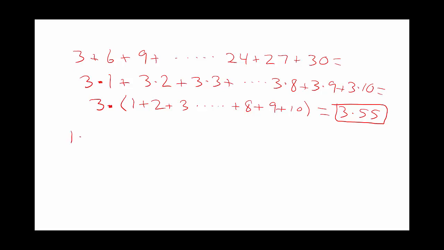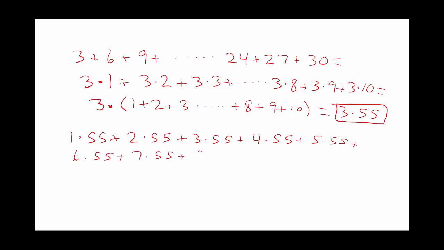So we'll have 1 times 55 plus 2 times 55 plus 3 times 55 plus 4 times 55 plus 5 times 55 plus 6 times 55 plus 7 times 55 plus 8 times 55 plus 9 times 55 plus 10 times 55. Okay, so that's our sum.